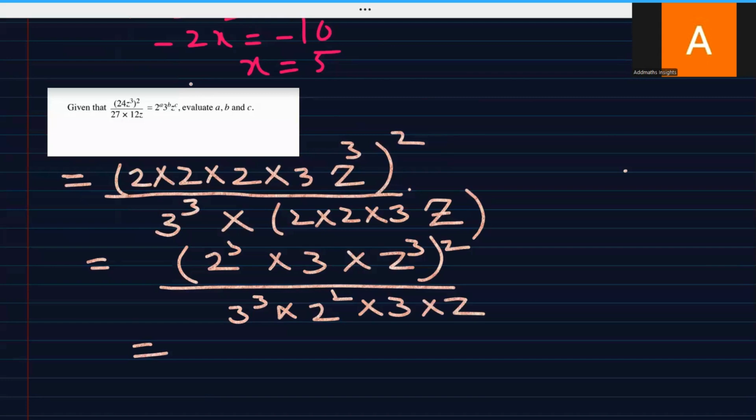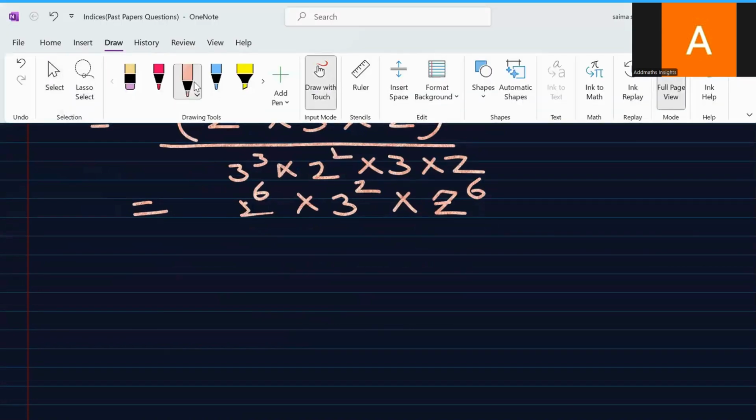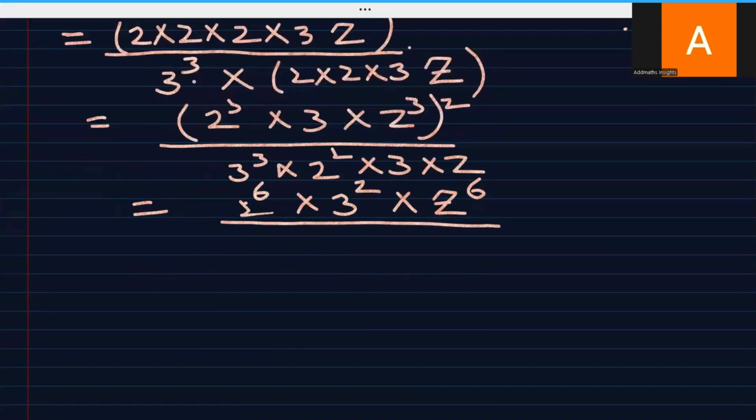Now you can apply laws of indices. 2 cube squared means 2 raised to the power 6, and 3 squared, and then z raised to the power 6. Similarly, you can simplify and write 2 squared into, by adding 3 cube and 3 raised to the power 1, 3 raised to the power 4 times z.